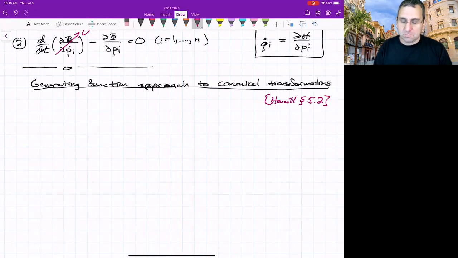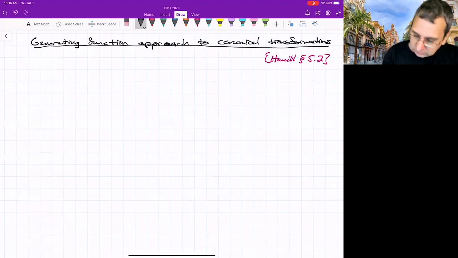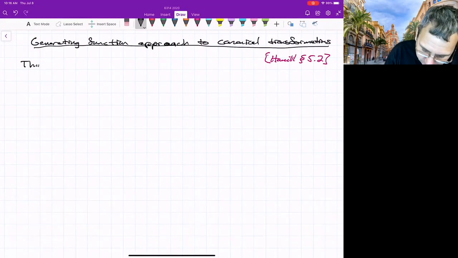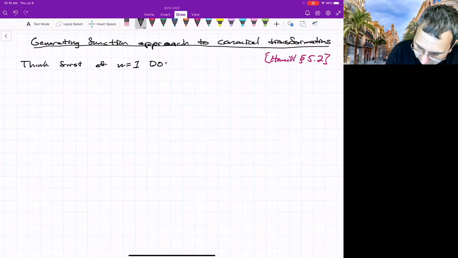And we'll first do it for 1 degree of freedom, and then say this generalizes to n degrees of freedom, because it's just easier with 1. So we're going to think first of just n equals 1 degree of freedom.